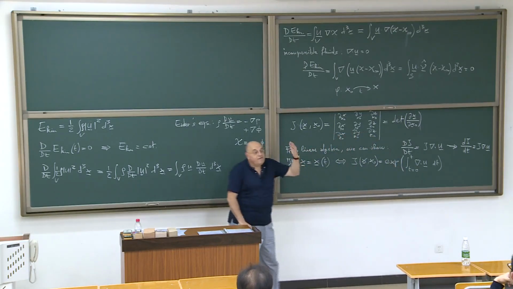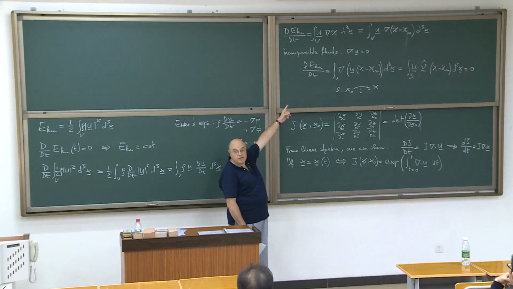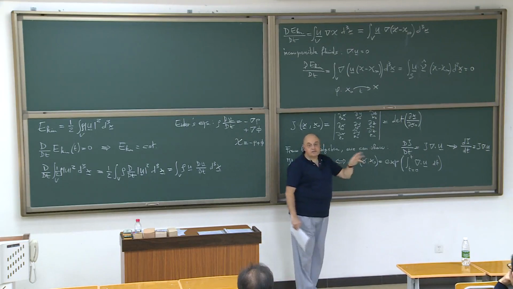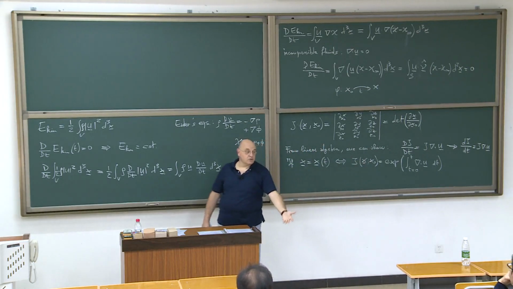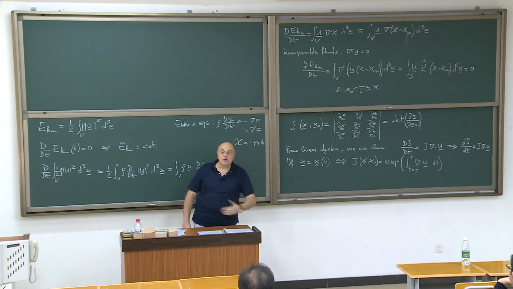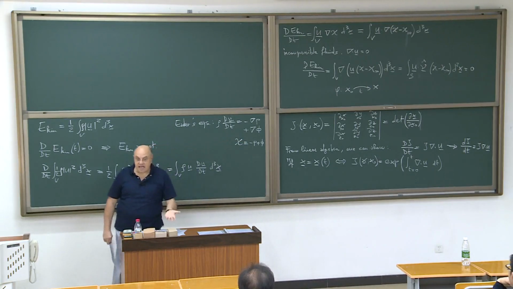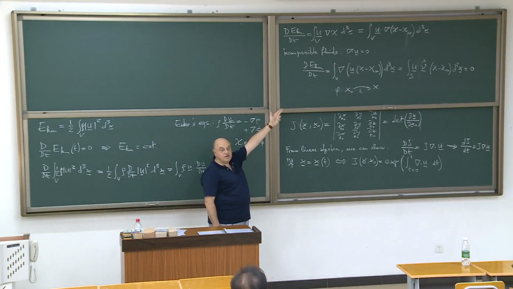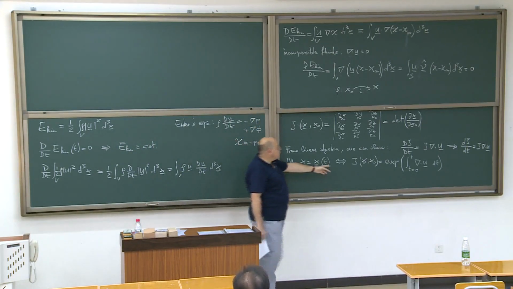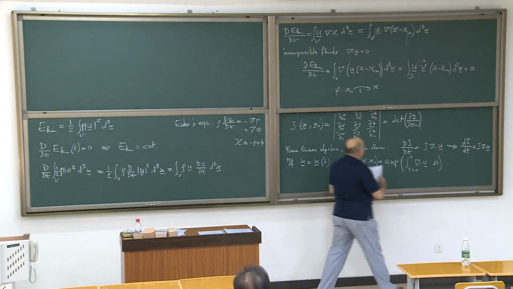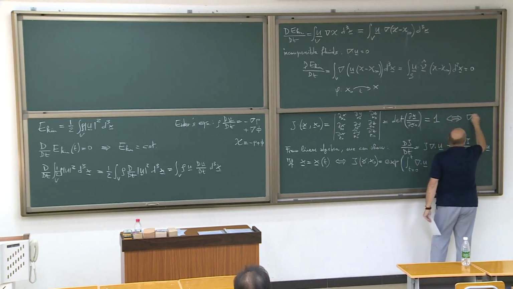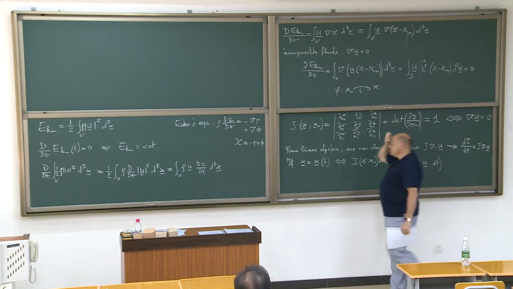It means that if we are in an incompressible fluid, the Jacobian of the transformation is equal to 1. So this is another way to state the same concept. Either div u, divergence of u equals 0, or Jacobian equal 1. Okay?